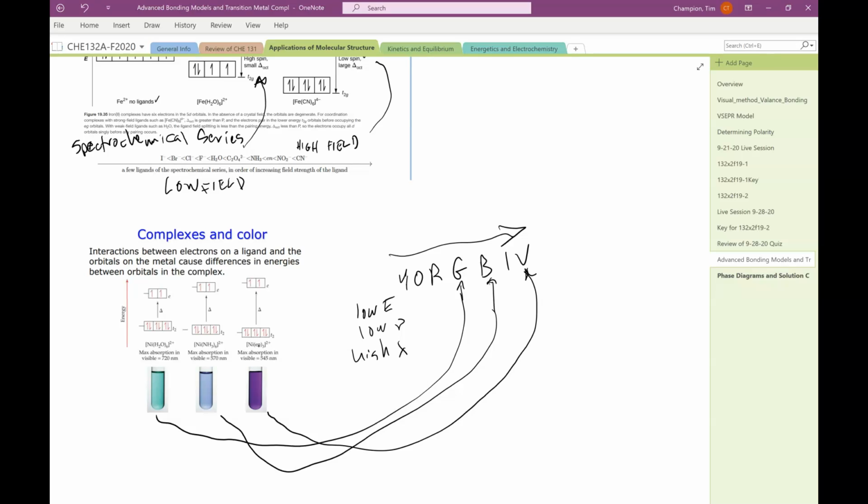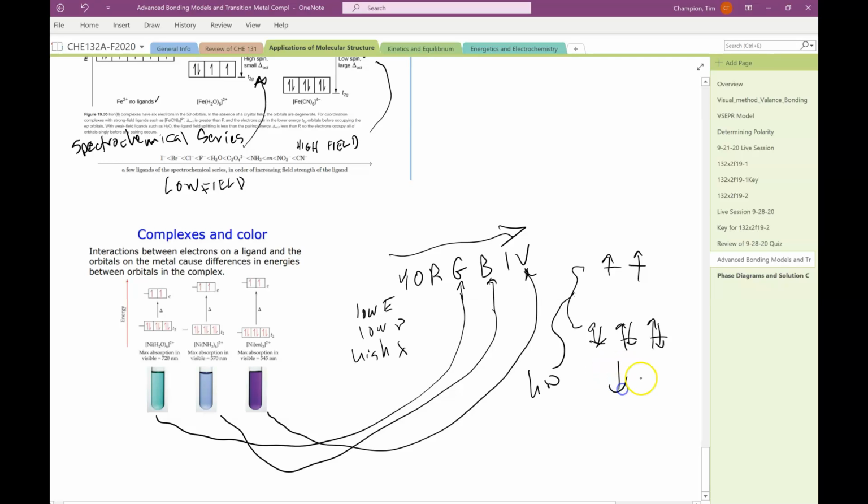If you think back to the Bohr model of the atom, what you're looking at is that if I have my low orbitals and my high orbitals here, and I've got them filled in like this, and I hit this with a photon, h nu, that exactly matches that difference, that's going to give an excited state where an electron's been knocked up to the top level, and that will decay back down and give off similar light.